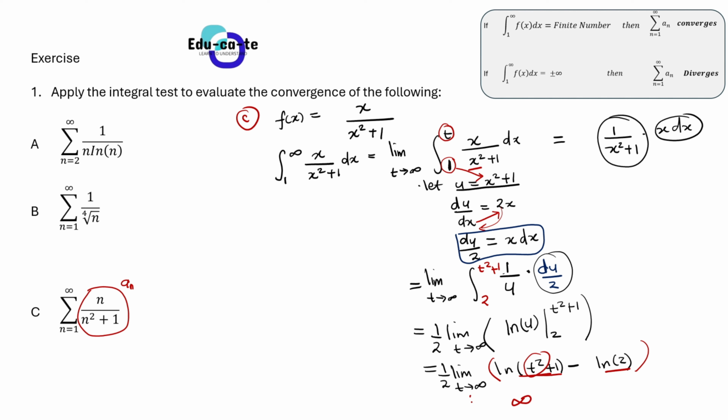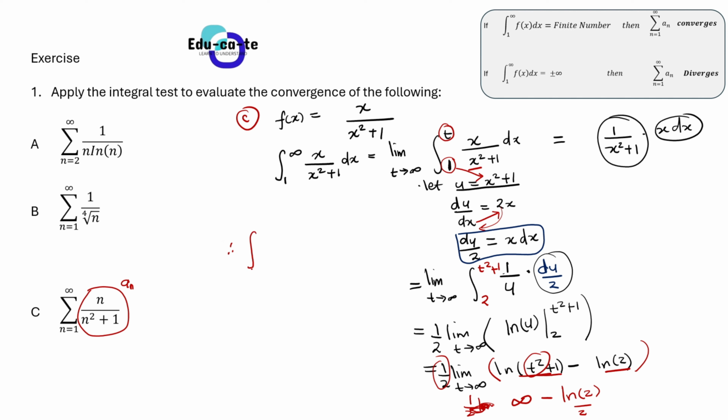Okay, so this is just 1 over 2, the limit. You've evaluated this. You found that as t approaches infinity, the logarithmic function also approaches infinity. So that's just infinity minus ln of 2, with a half out there. Now infinity minus something is just going to give you infinity.